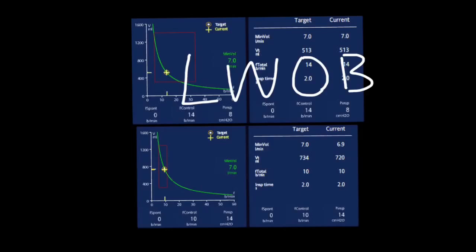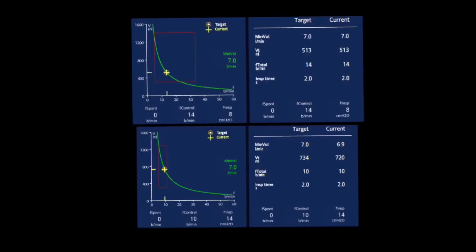And it uses this to automatically adjust certain targets: tidal volume, a frequency, and even an IE ratio. Now, these two screenshots represent the least work of breathing model.